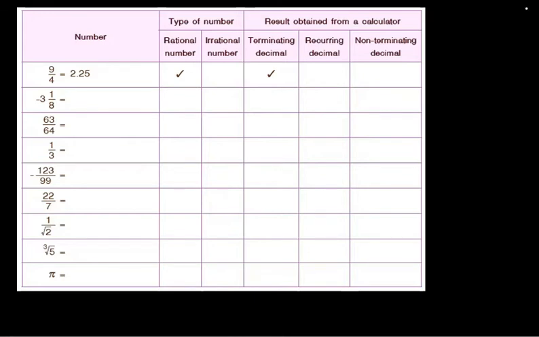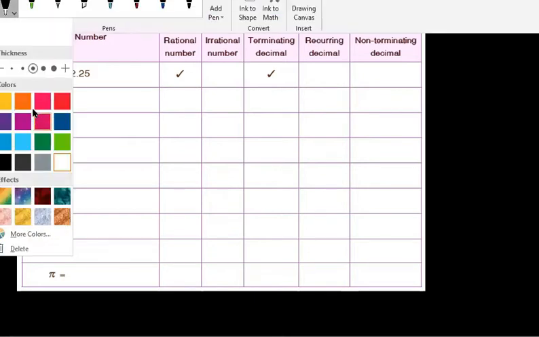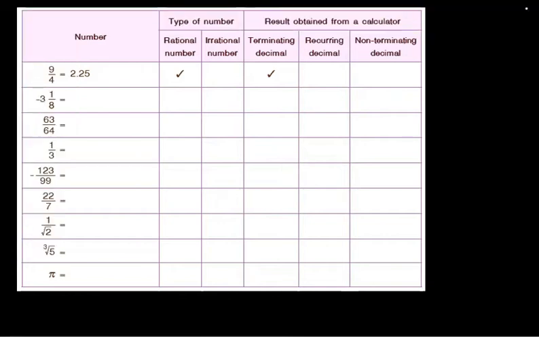So let's begin. So 9 divided by 4, we are getting 2.25. So 2.25 is a rational number. Why? Because we can write it as a fraction. We have a numerator, 9, and we have a denominator, 4.